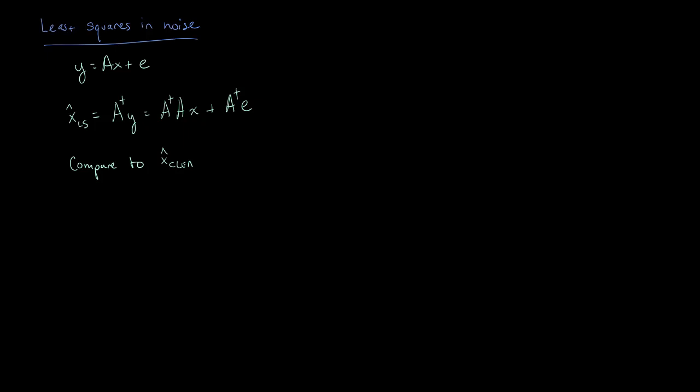We'll denote this x hat clean, and this would simply be the pseudo-inverse of A times Ax without an e. So the size of the error that we're incurring can just be represented as the L2 norm of the pseudo-inverse of A times e, which if we use our SVD-based formula is just the L2 norm of V sigma inverse U transpose e.